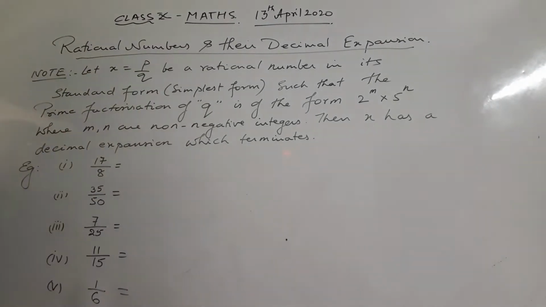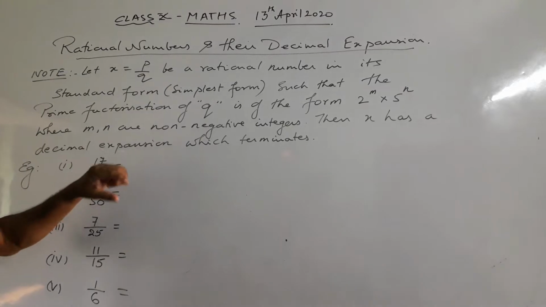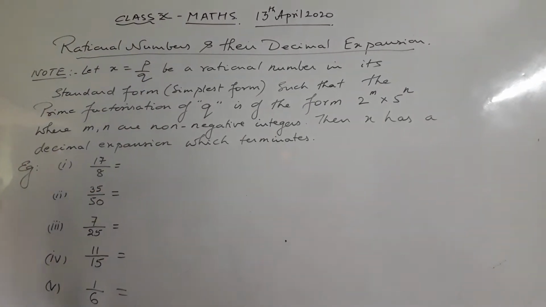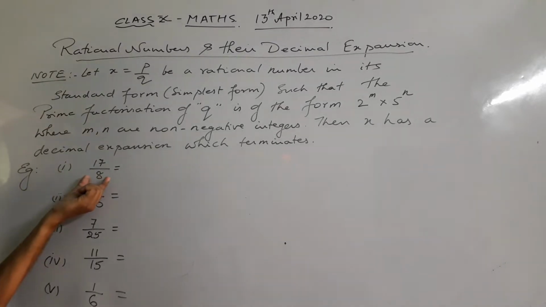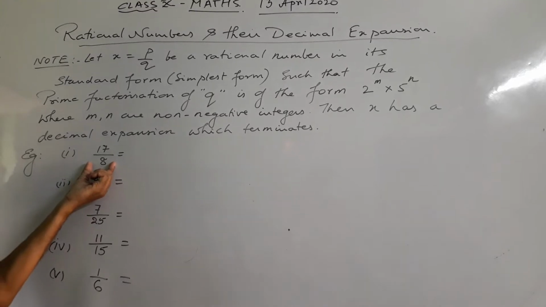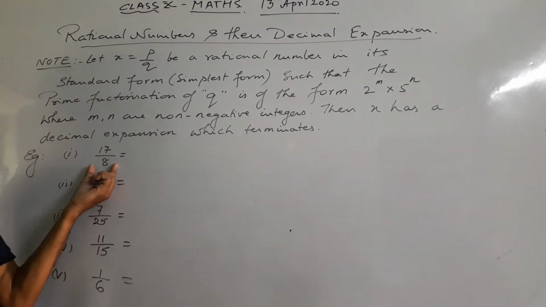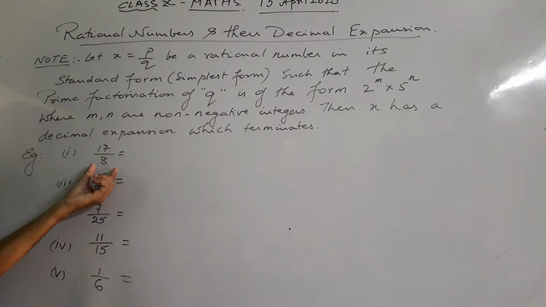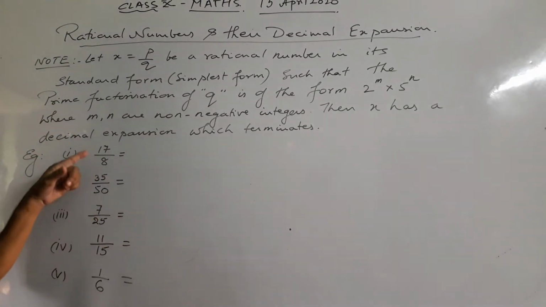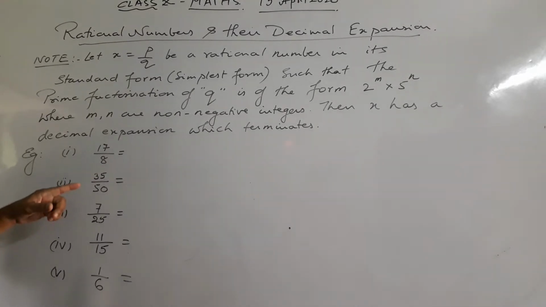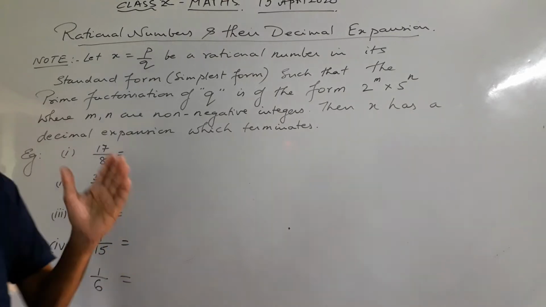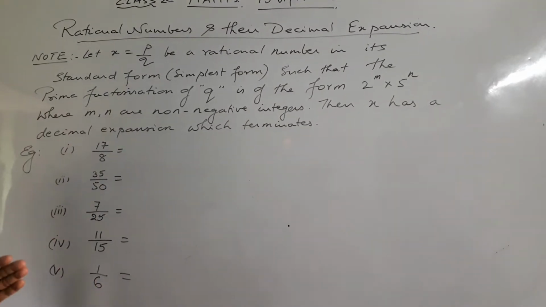Or in another way we can say that the denominator q of a rational number which is in standard form must be divisible by 2 or by 5 or by 2 and 5 both, but not any other number. Either it must be a factor of 2, or a factor of 5, or a factor of both 2 and 5, only these numbers.